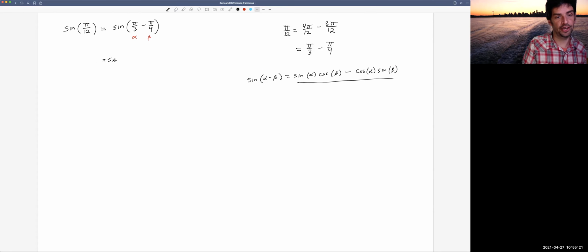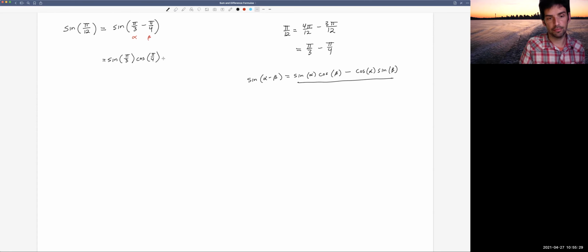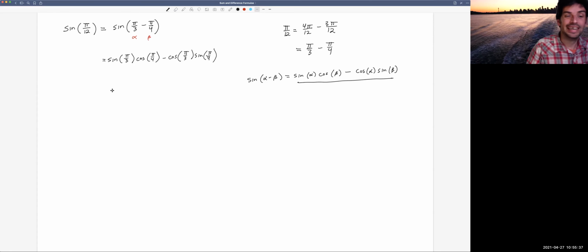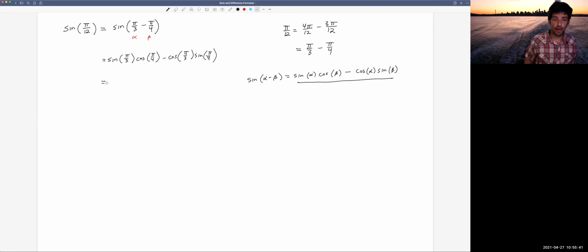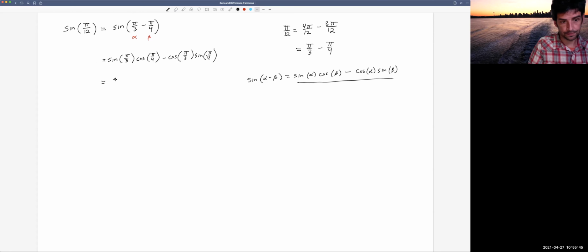So this is going to be sine of pi over 3, cosine of pi over 4, minus cosine of pi over 3, sine of pi over 4. And these are angles we know from the unit circle. Sine of pi over 3, that one is root 3 over 2.